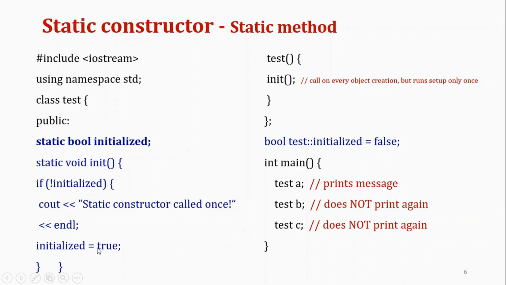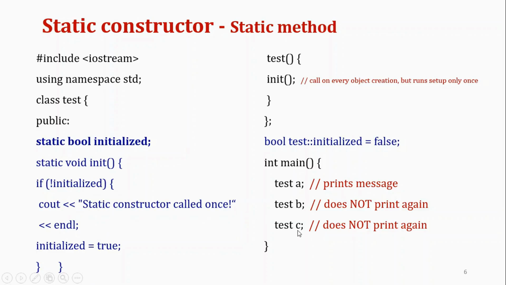And test B, the second object B, is going to call the init function. When I'm calling the init function, it is already initialized to true for the first object A, so it will never print the message, and the cout will never be called for the second object B.